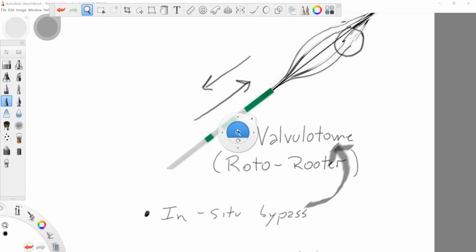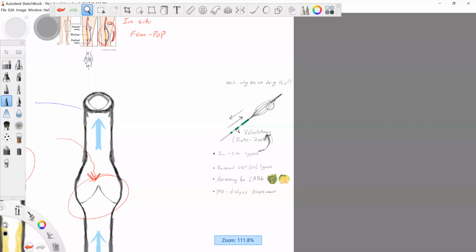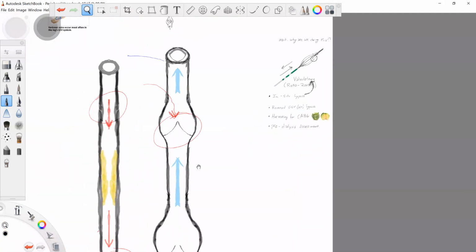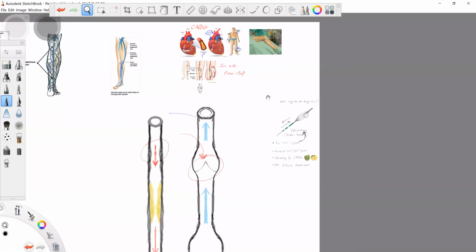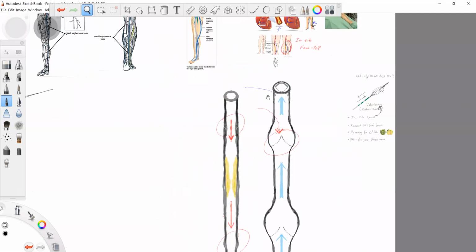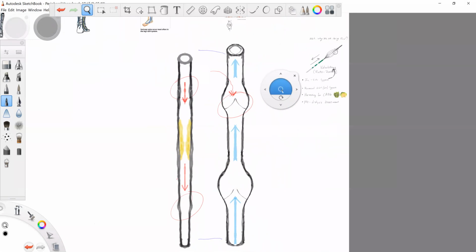The other possibility, and I think valvulotomes are more common today, is this. You probably have to do a fully filleted leg in order to do this.